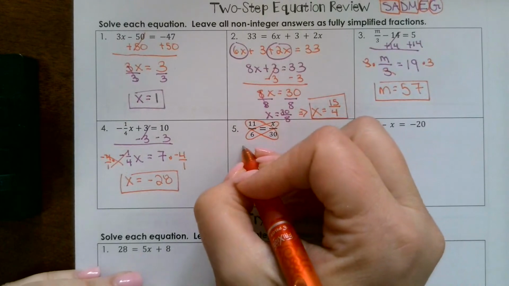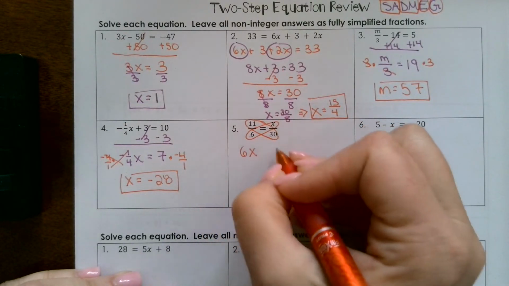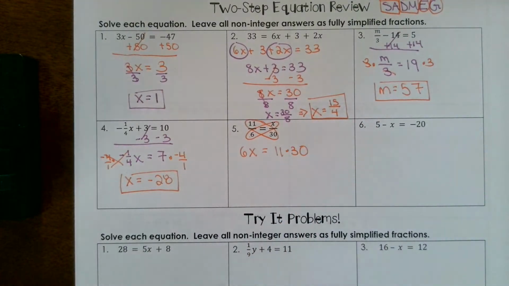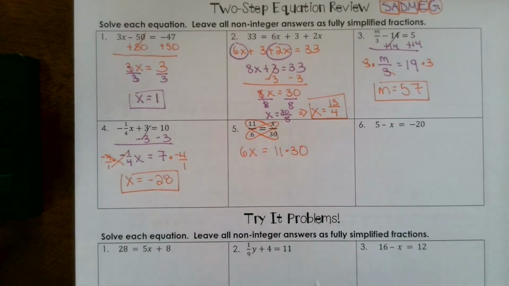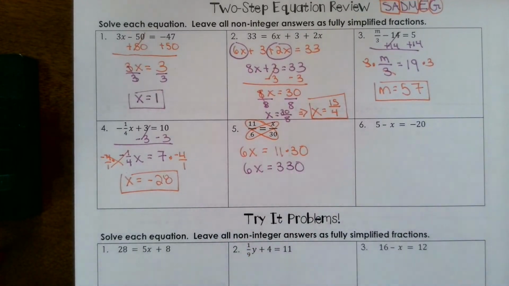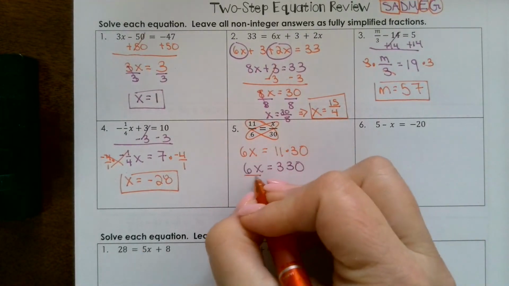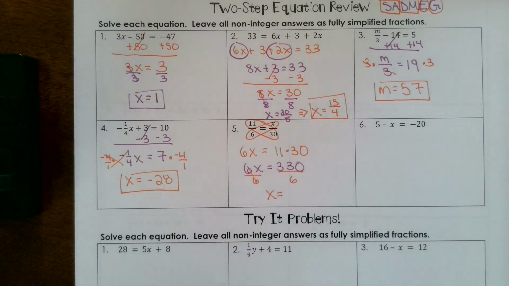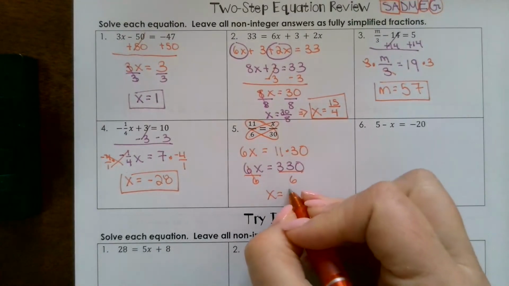And I like my variables over here on the left, so 6 times x is going to equal 11 times 30. That is going to make that an equation that is a little bit more approachable. So I now have 6x equals 330. Use my inverse operation of division, and I end up with x equals 330 divided by 6, which is 55.